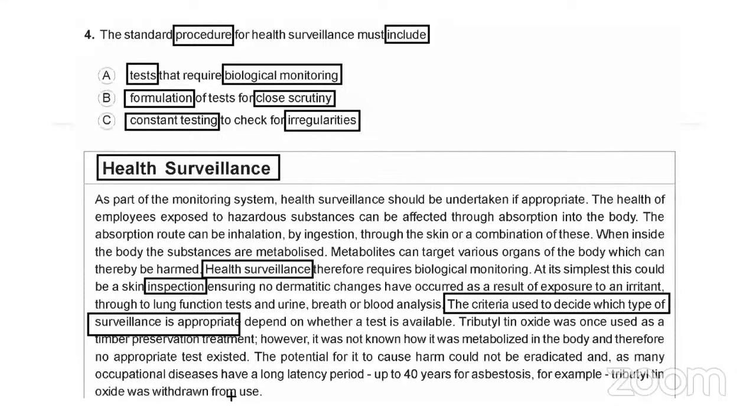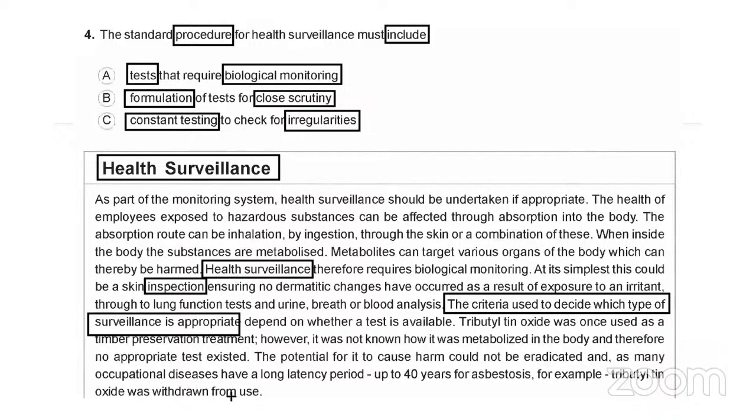Do they have any problems or side effects? If there are complications, then you have to scrutinize, study and research those tests. And if you find that there is something wrong, you have to withdraw and eliminate it.